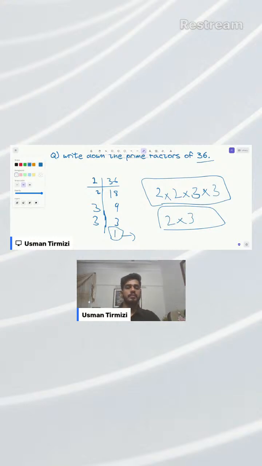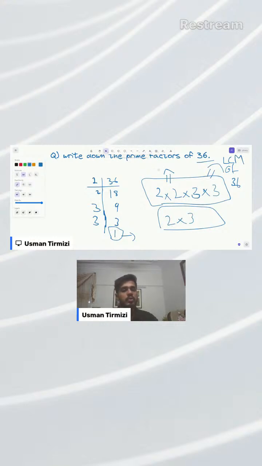And the factor decomposition, this is called, how I've written it, it's called LCM, least common multiple of 36. It has a different name in GCSE as well. It can be called prime factor decomposition.